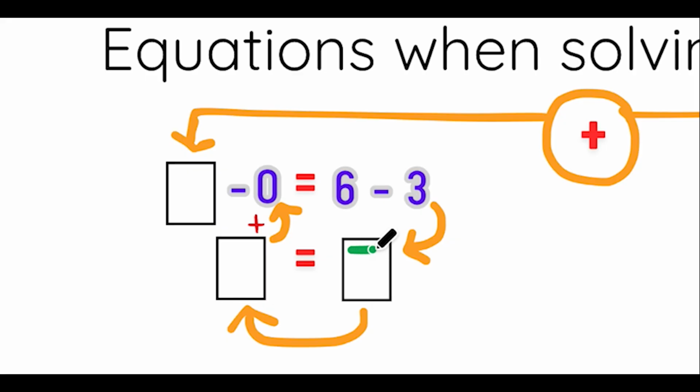6 minus 3 equals 3. So we place number 3 on the other side as well. And then we say 3 plus 0 equals 3.